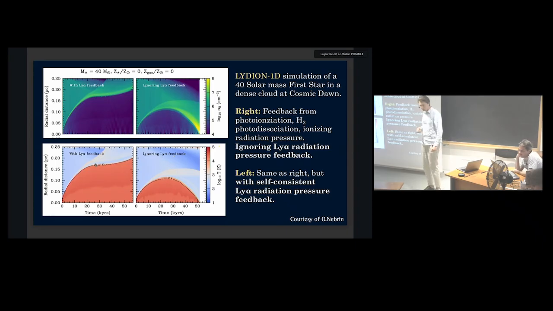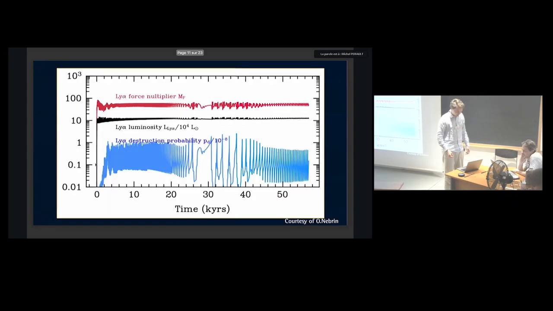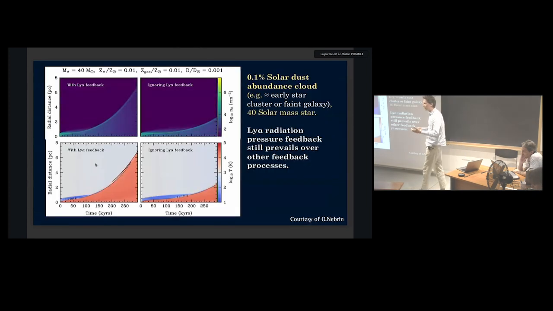This is actually to show you the force multiplier we are getting, and in this case you can see it's quite high, right? Order 50, 60 throughout the whole simulation. And this can also be applied to higher metallicity, relevant for the higher redshift universe.